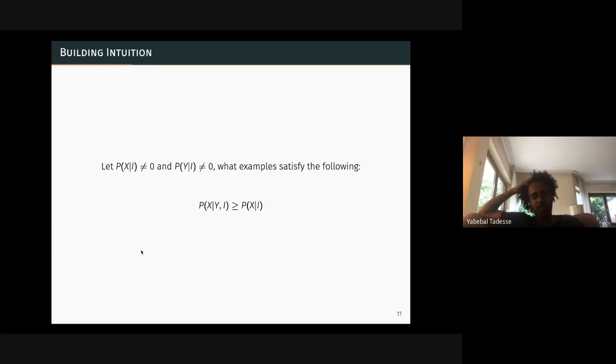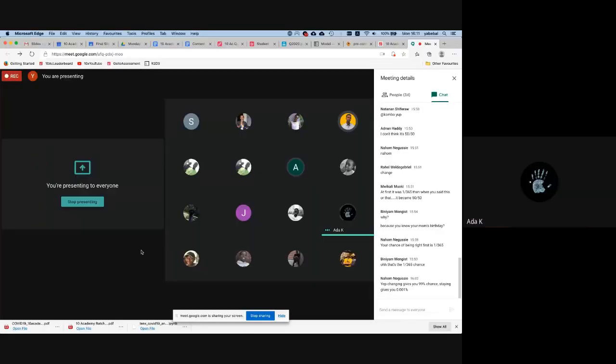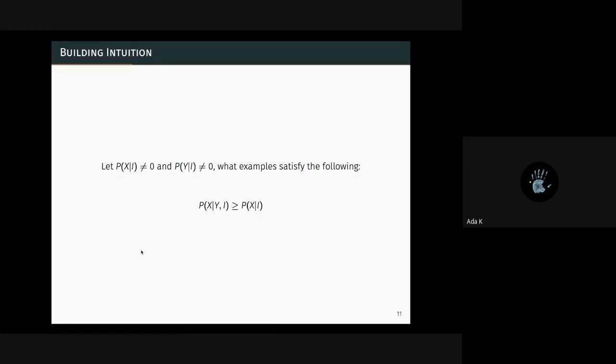So maybe one more. Can I try? Yes. Okay, so assuming you have two kids, and say X is a girl and Y is a boy, the probability of the kid being a girl is not equal to 0, and the probability of the kid being a boy is not equal to 0. So the probability of the kid being a girl given Y is a boy is greater than the probability of a girl.